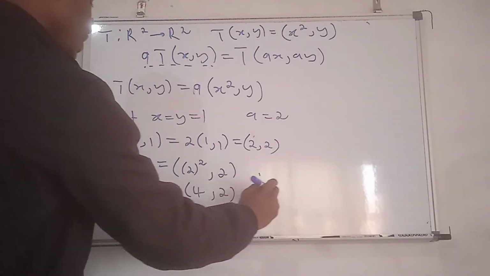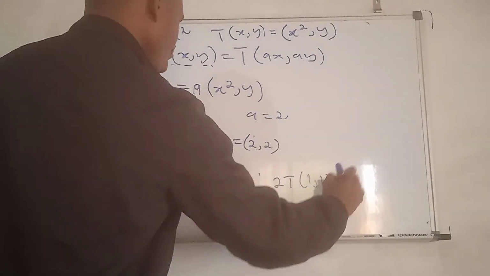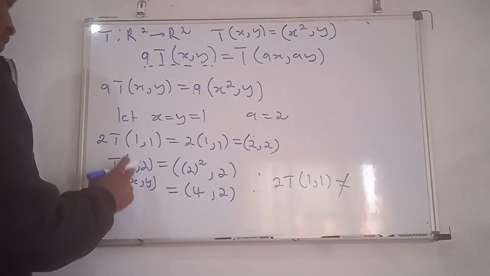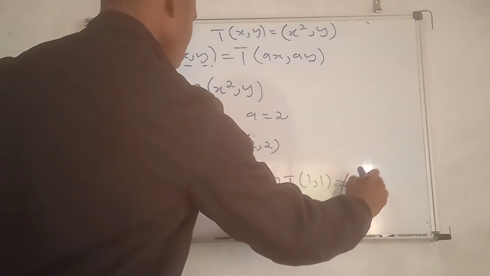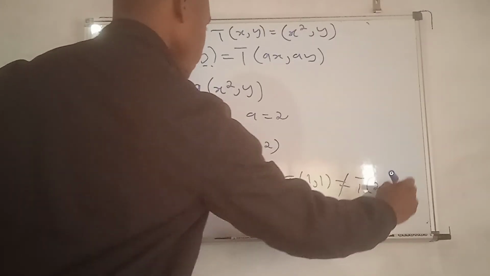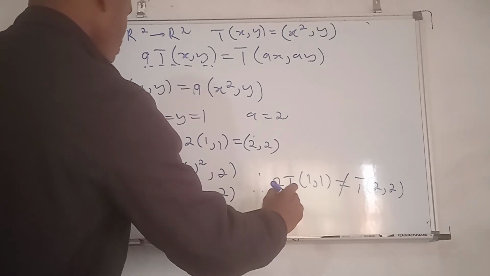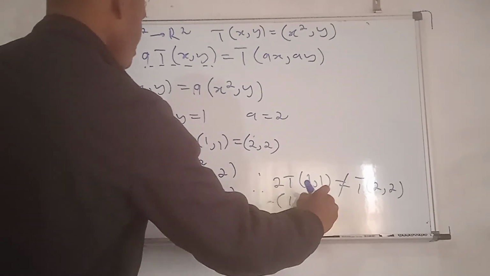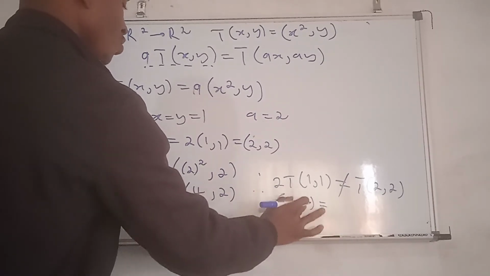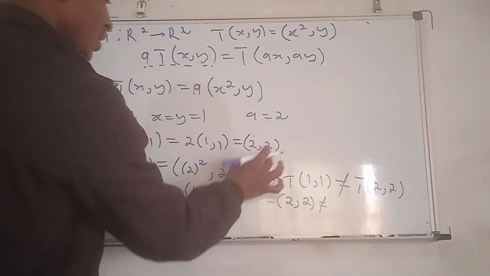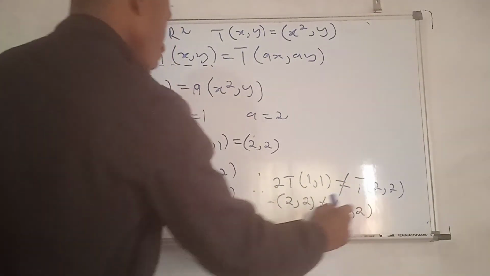But we can see that 2T(1, 1), which is (2, 2), is not equal to T(2, 2), which is (4, 2).